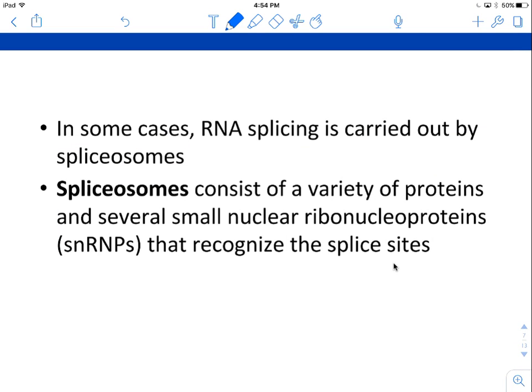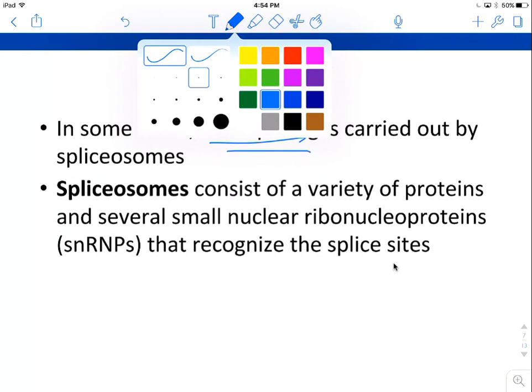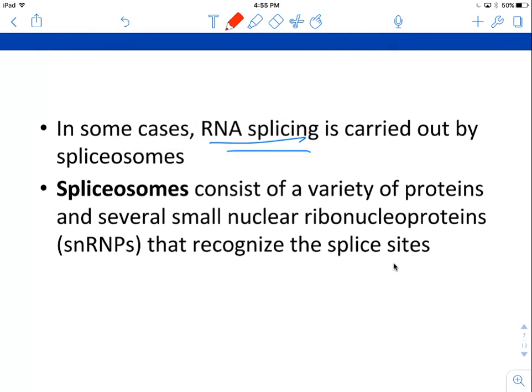Okay. Now, the splicing of RNA is carried out by a very exciting thing called a spliceosome. And it's just cool. So a spliceosome is a complex of proteins and several small nuclear ribonucleoproteins, which we call SNRPs.